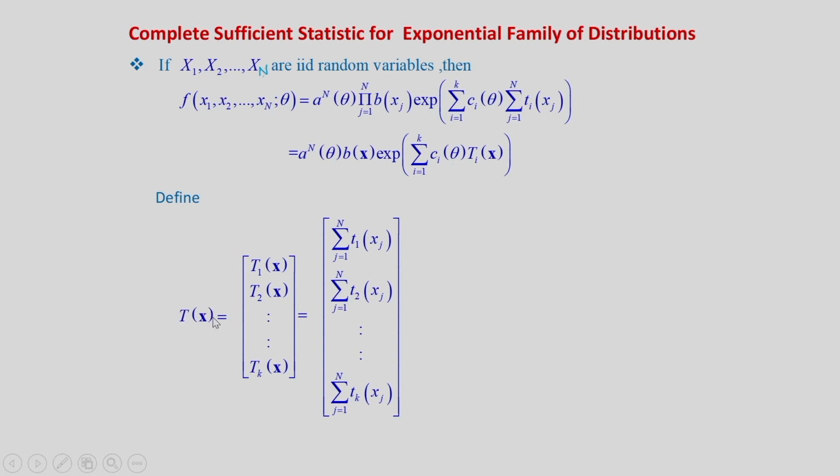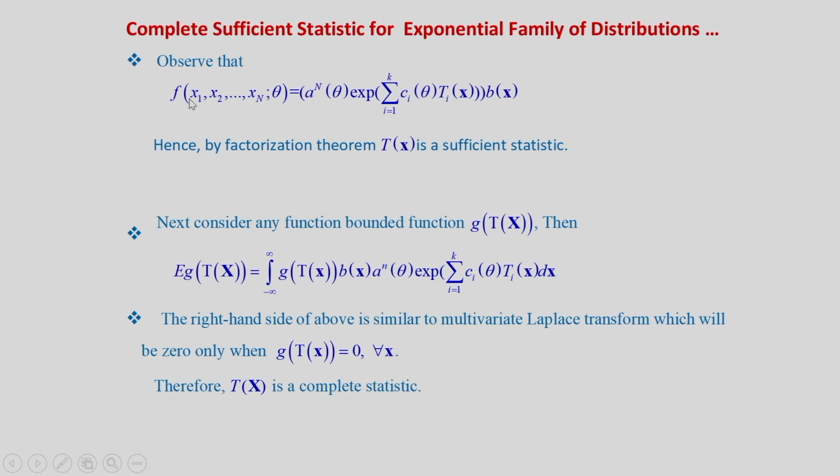Now, my complete statistic will be T(x), that is equal to T1(x), T2(x) up to Tk(x), where T1(x) will be the first summation, j equal to 1 to n of T1(xj), and similarly T2(x) will be summation of T2(xj), j going from 1 to n. In that way we can find these statistics, and they can be written in a vector form T of x vector.